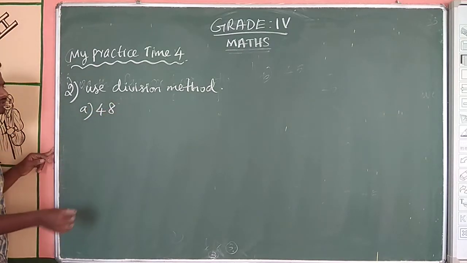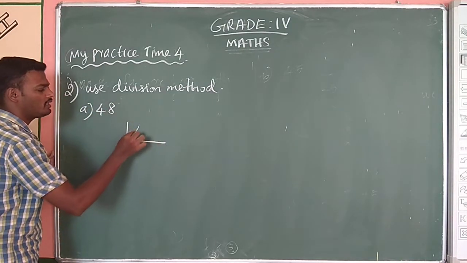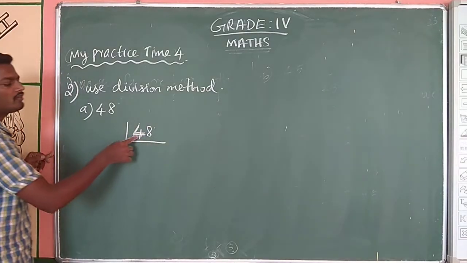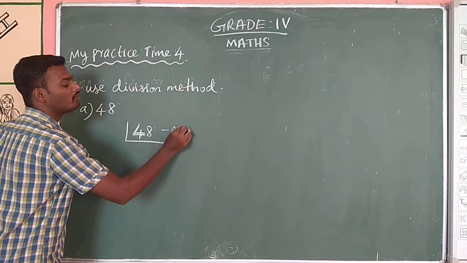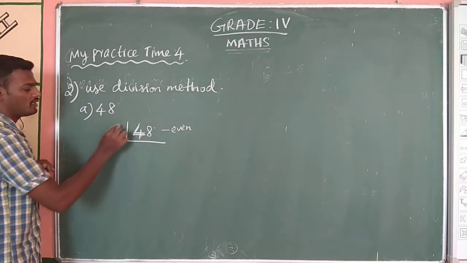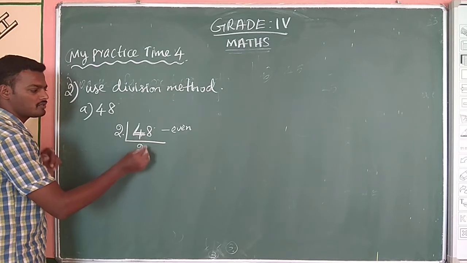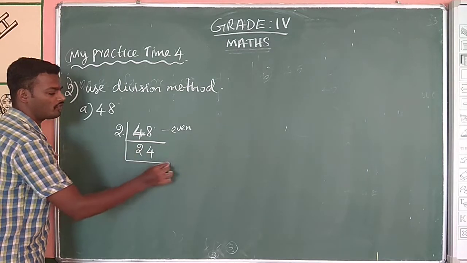In the division method, we can write 48 like that. 48 is an even number. So an even number comes in the second table. Second table, 4, 2 times 8 comes 4 times. So 24 is also an even number.